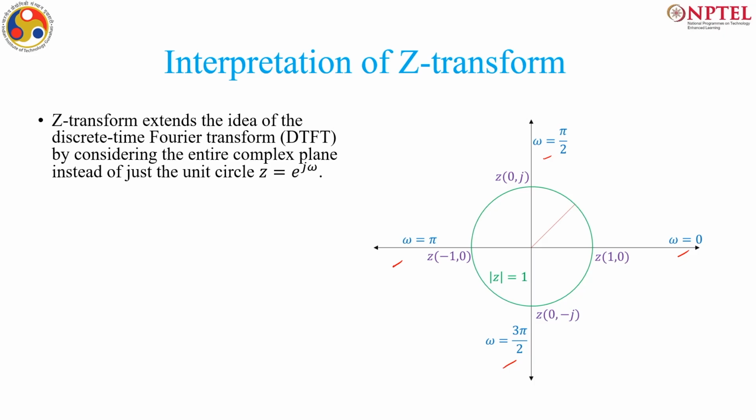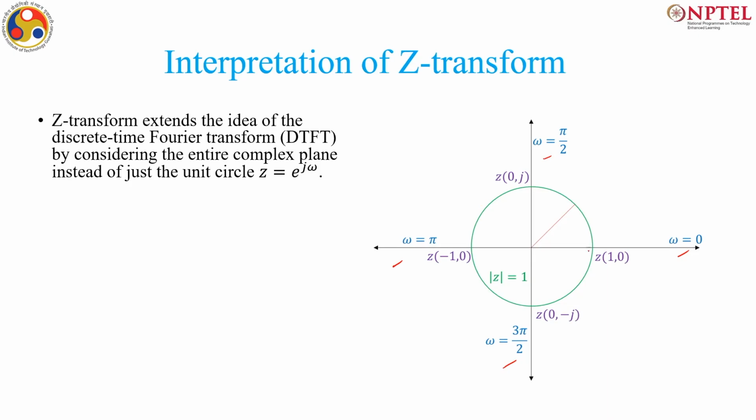This is again just an extension of the DTFT throughout the plane. The DTFT is typically the evaluation at the unit circle. This green line represents the unit circle denoted by mod z equals 1, and a number lying on the unit circle is the evaluation of the DTFT.